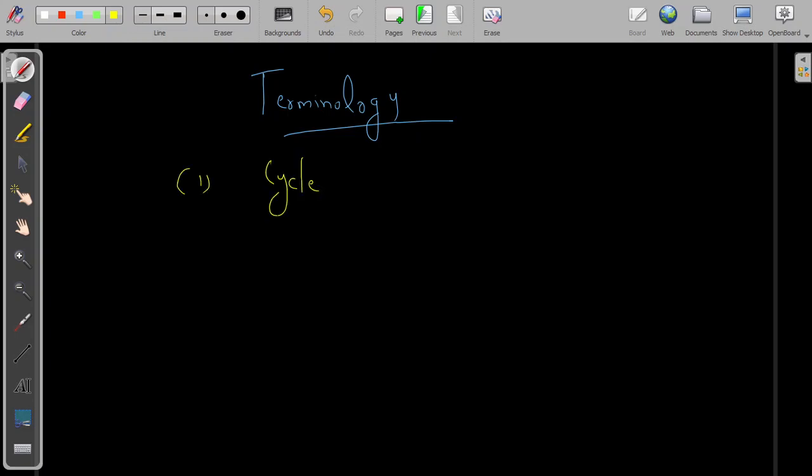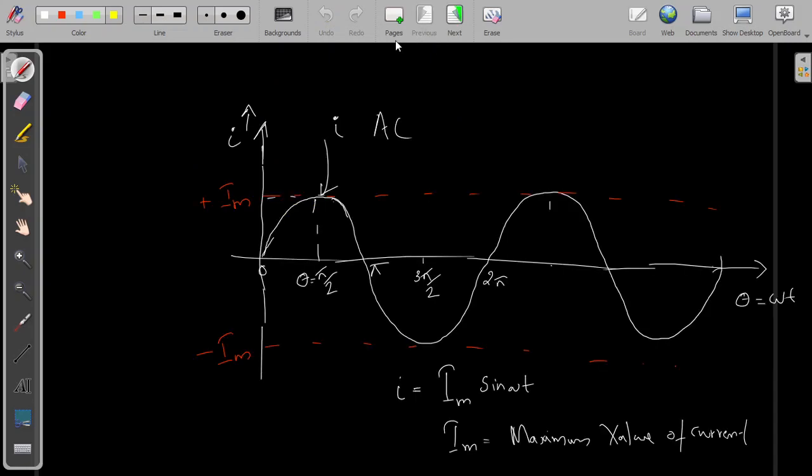What do you mean by a cycle? The values of the sine wave repeat after every 2 pi radians, as you know mathematically. One complete set of positive and negative values of the function, which goes on repeating, is called a cycle.